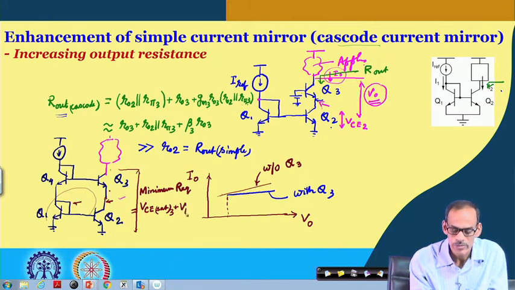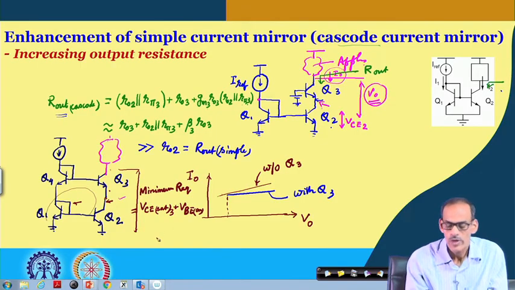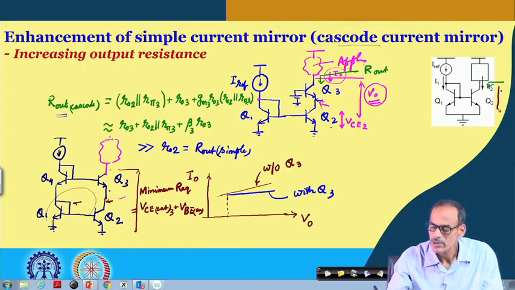So, that is 1 VBE1. Whereas for the simple current mirror, the minimum required voltage was only VCE set.